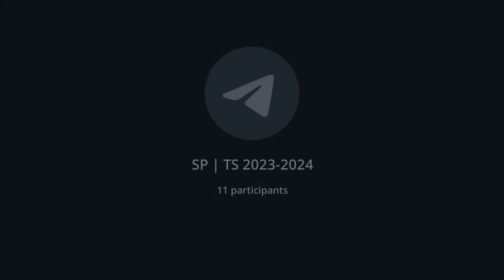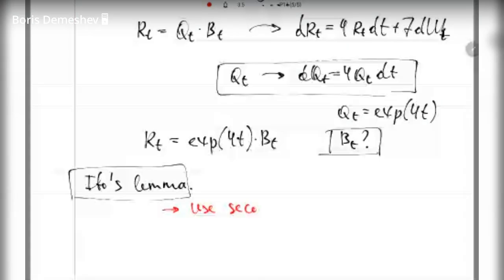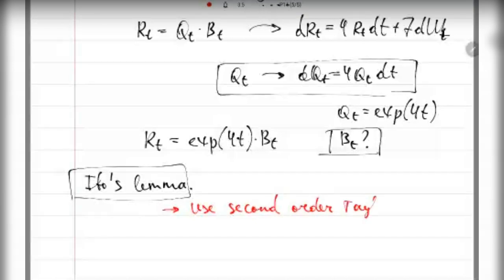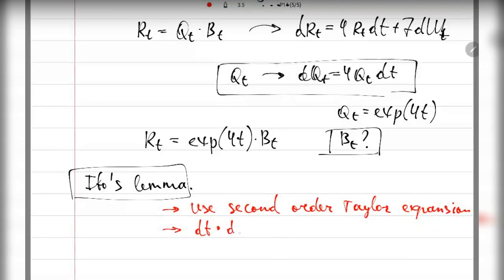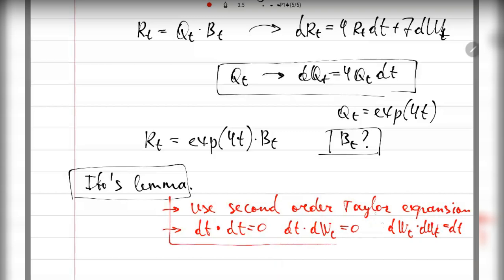Basically, use second-order Taylor expansion and replace dt times dt by 0, dt times dWt by 0, and dWt times dWt by dt. So we have Itô's lemma, with two steps.